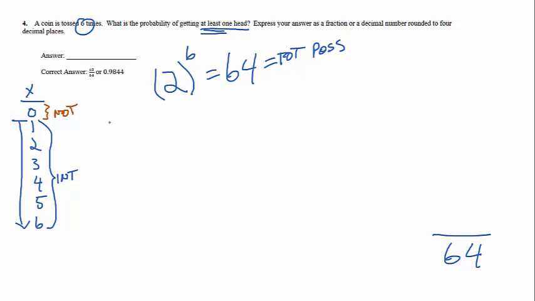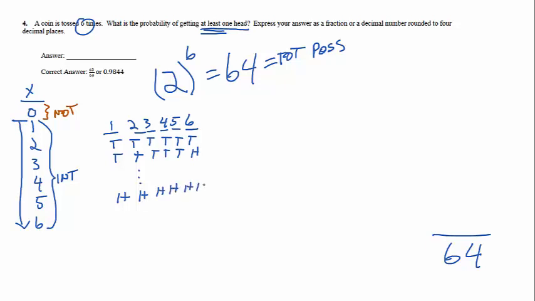If I have 6 flips, I can have tails, tails, tails, tails, tails, tails, and then all the other combinations, tails, tails, tails, tails, tails, heads, all the way down to, we'll put 3 dots, heads, heads, heads, heads, heads, heads.